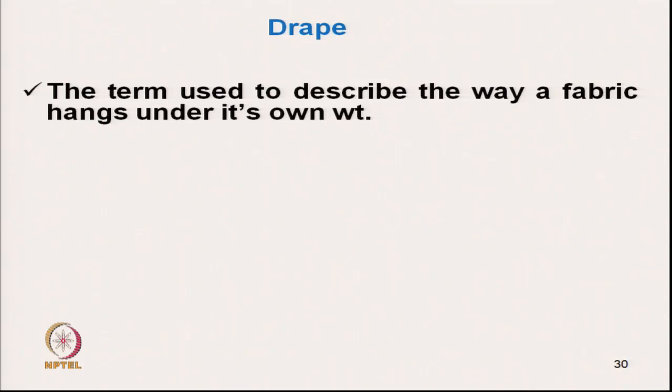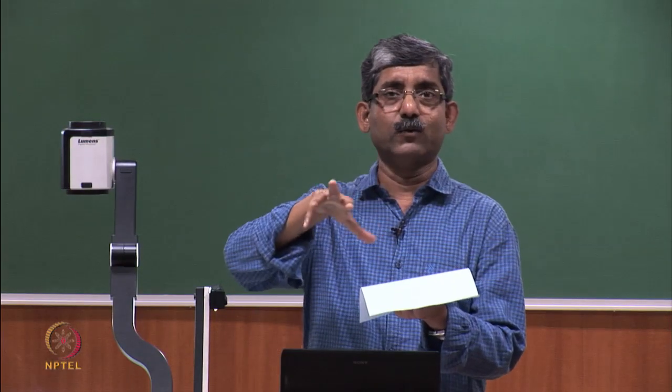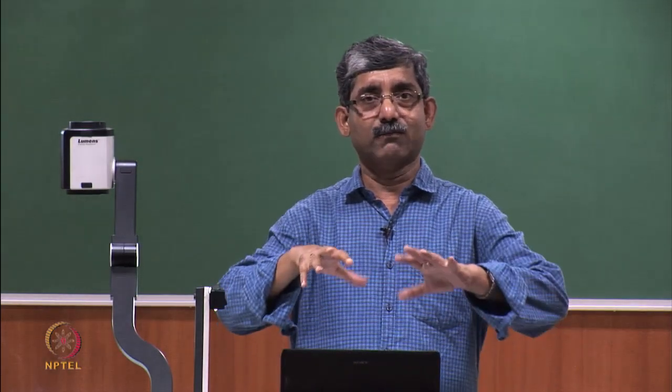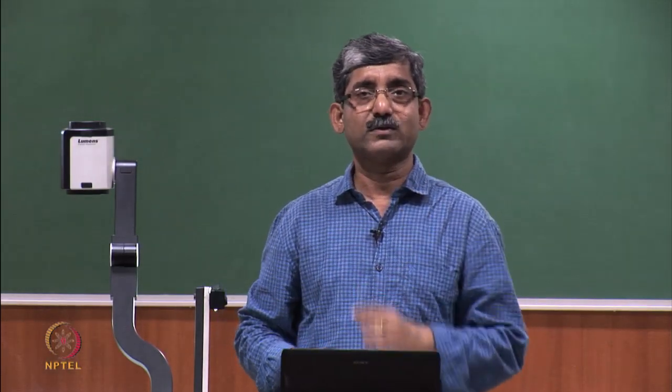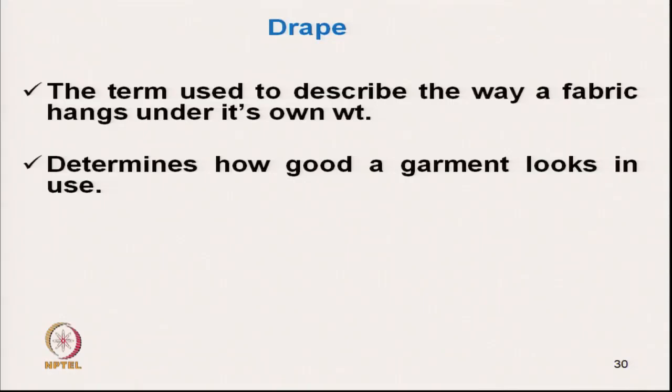So, if we hang this fabric under its own weight, how will the fabric hang? It will make some profile that shows the drape characteristics, and it determines how good a garment will look.